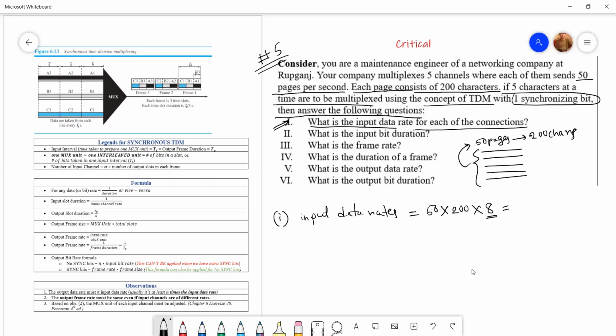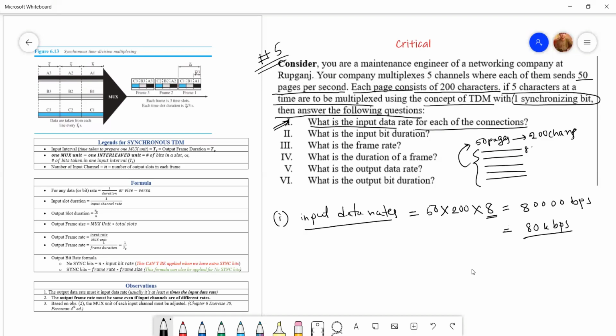That comes to 80,000 bps, so 80 kbps. Your input data rate is now 80 kbps.